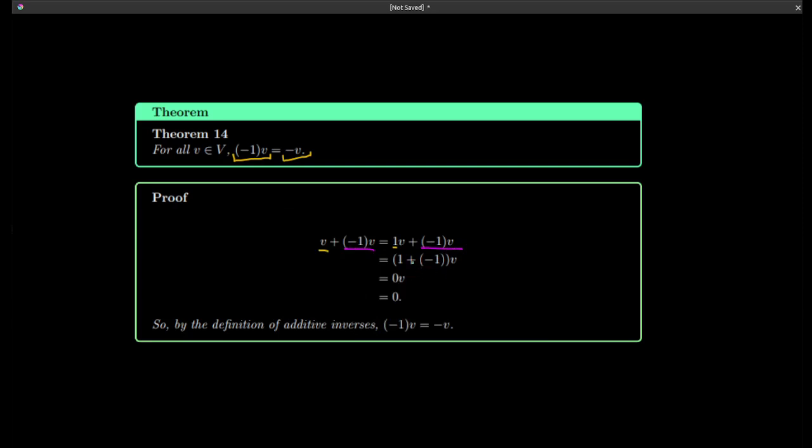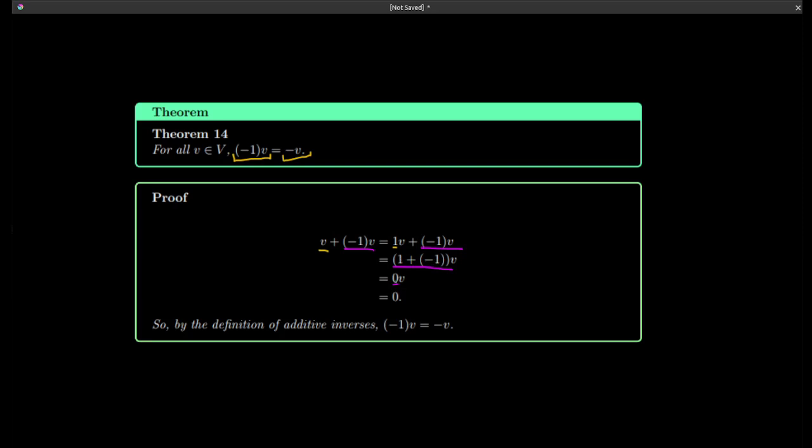Now we're going to use distributivity in the backwards direction. That is, from this step right here, if I distributed these guys on through, then I would get back the previous line. Okay, cool. So 1 plus minus 1, that is the multiplicative identity plus its additive inverse, gives me back the additive identity. Oh, cool.